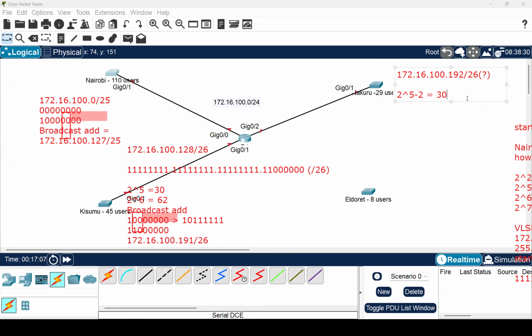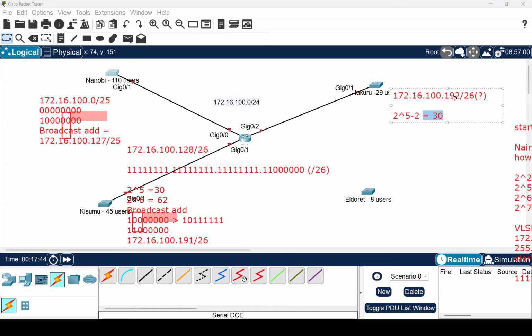I hope I'm not too fast. On my end, I'm following. You're following? Yes. Then that's very good. If I go too fast, just let me know. Well, now we're saying that 2 raised to power 5 minus 2 will give us 30. And that is exactly what we need.